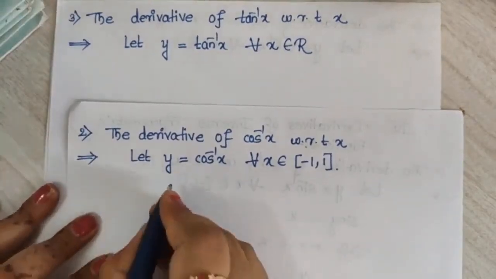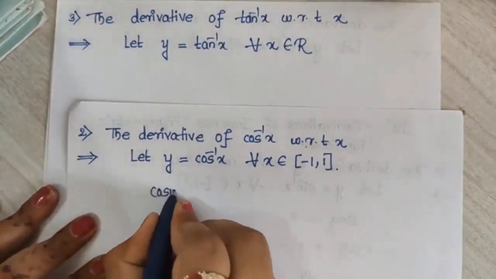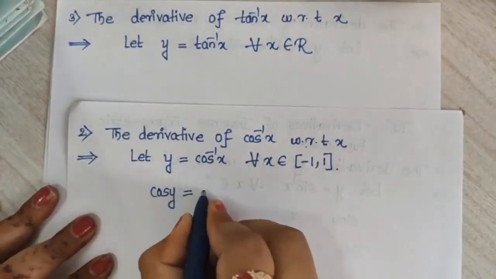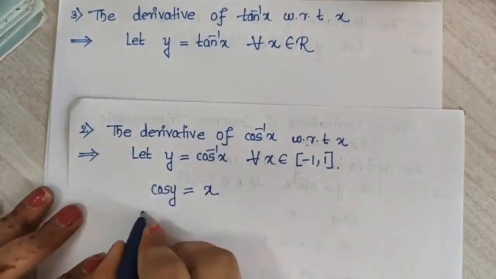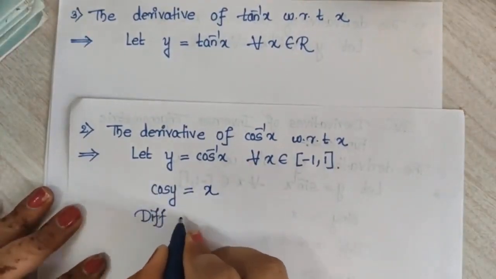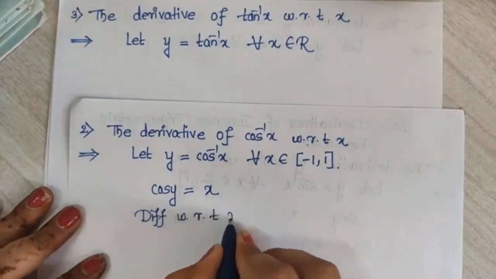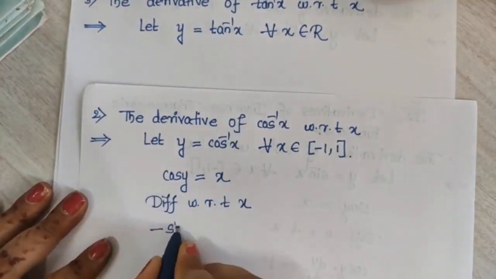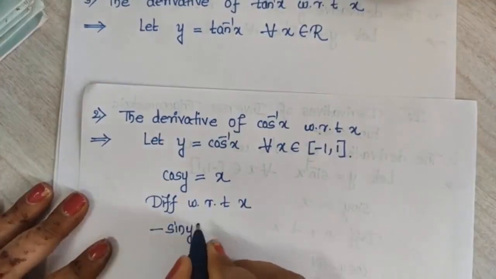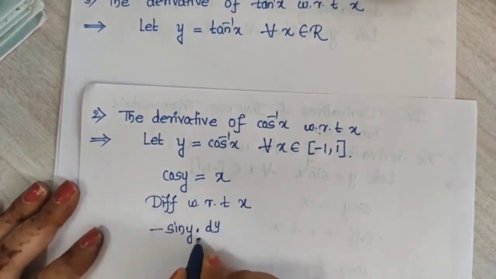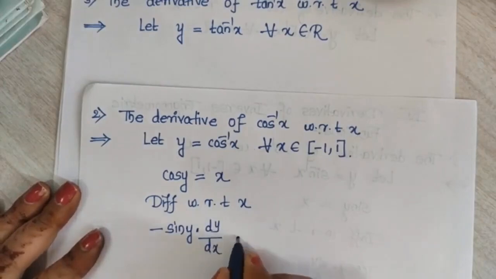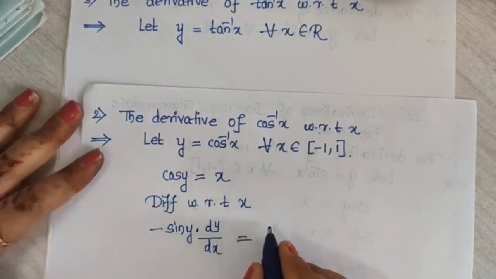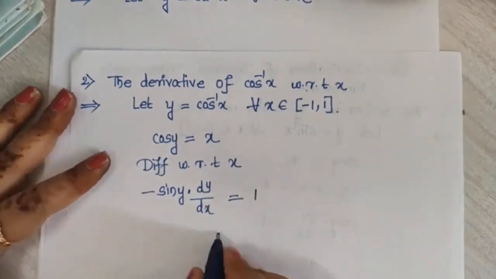Cos inverse you bring to the left hand side, it becomes cos. Cos y is equal to x. Differentiating with respect to x, cos differentiation is minus sin y into dy by dx is equal to differentiation of x with respect to x, which is 1. So what will you get?